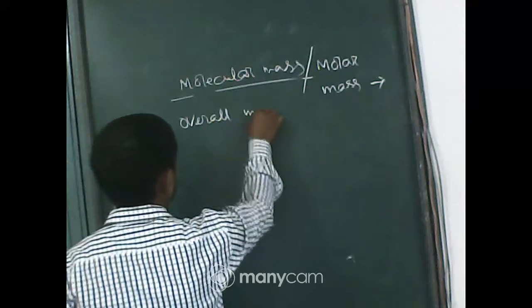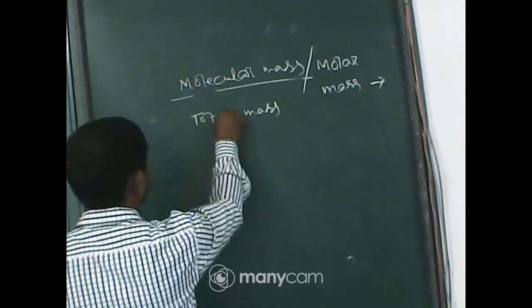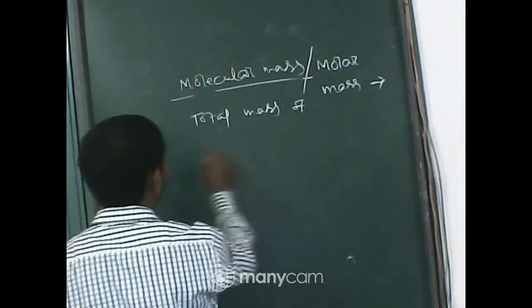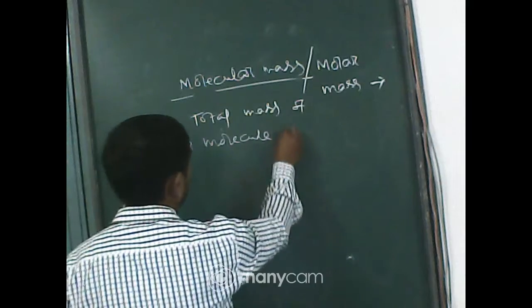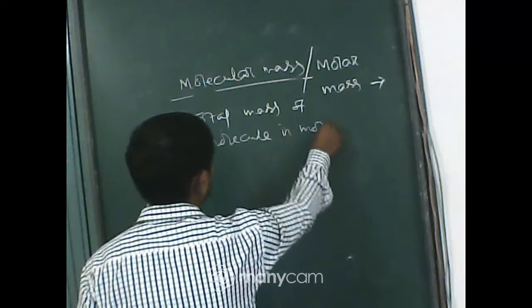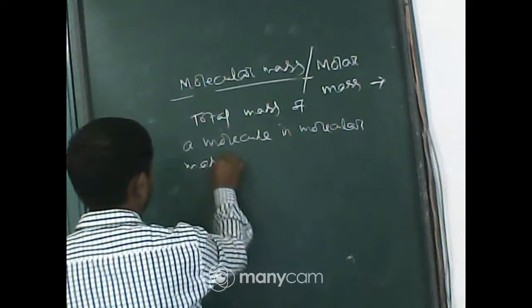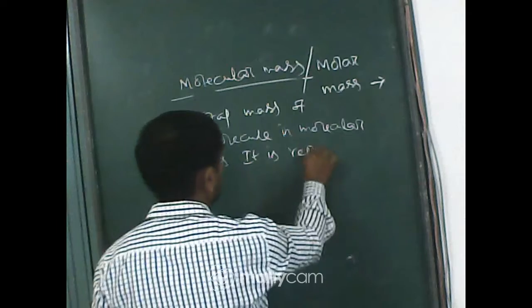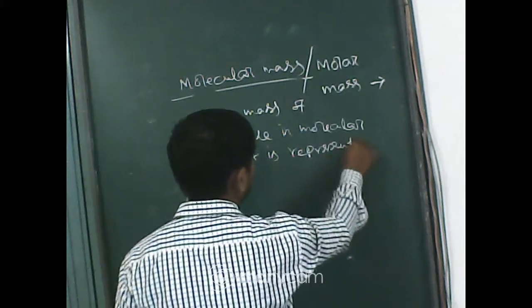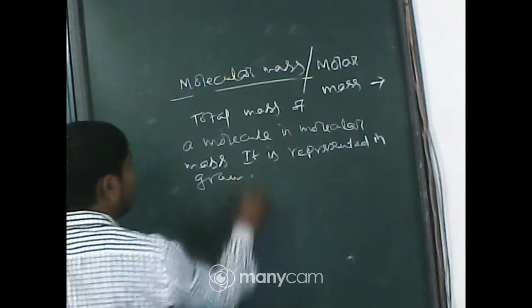So the overall mass or total mass of a molecule is molecular mass. It is represented in gram. Okay.